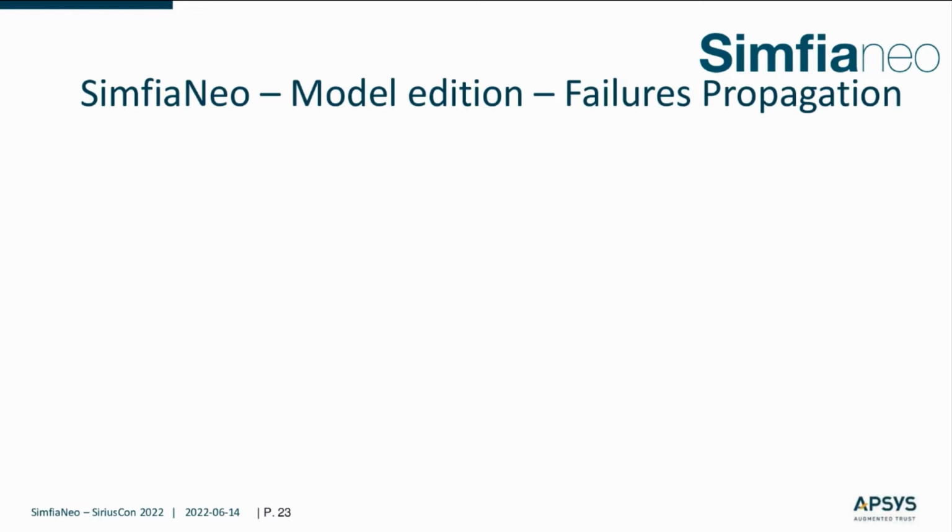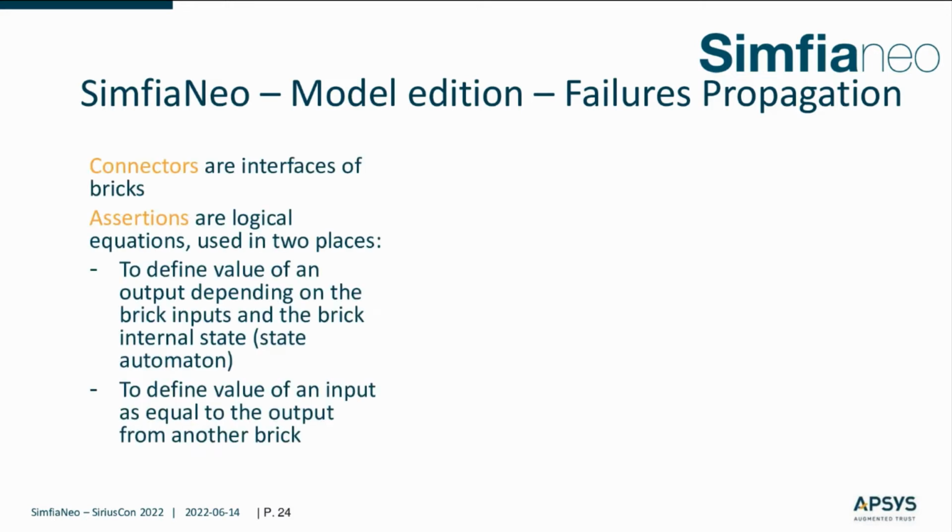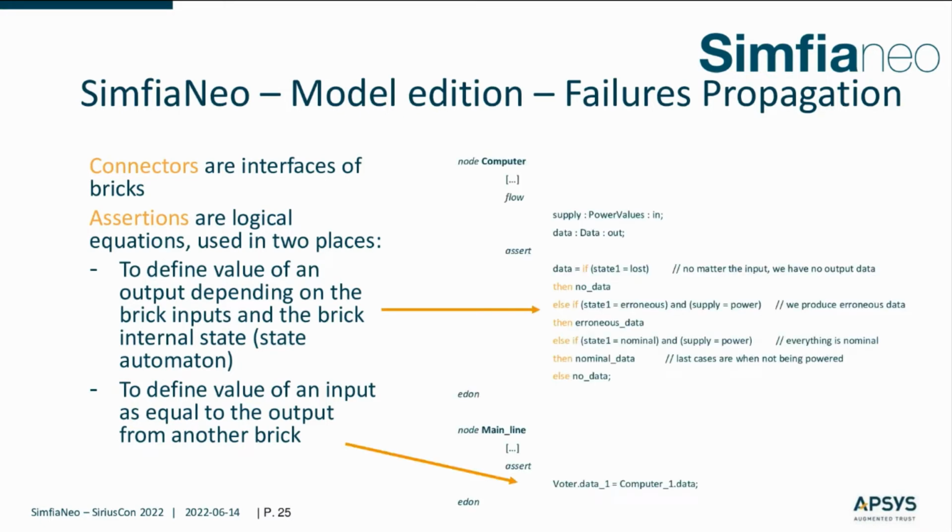Then in our model, we need to put not only behavior like state automatons, but also how values are propagated from one brick to another, or the relation between inputs and outputs in a brick. This is what we call assertions in AltaRica. Typically, these are logical equations like if-then-else and Boolean conditions. Again, you find some AltaRica keywords and special syntax in the language.